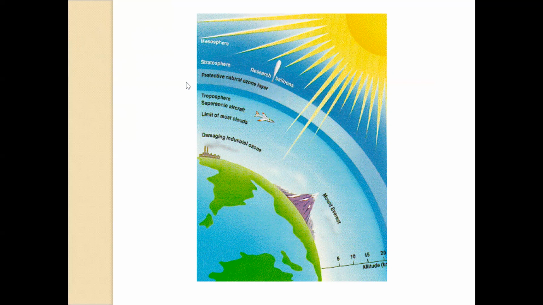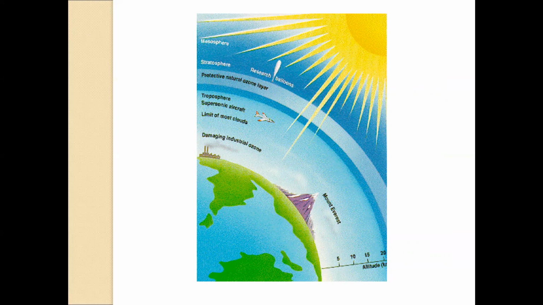Ozone, for those of you that don't know, is O3, made up of 3 oxygen atoms. Now that's not 3 oxygen molecules total. Every molecule of ozone is 3 oxygen atoms stuck together. What that functions to do is really helpful for the planet. It traps heat here.